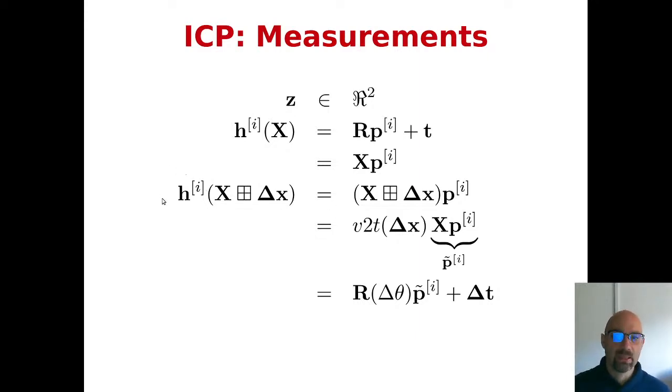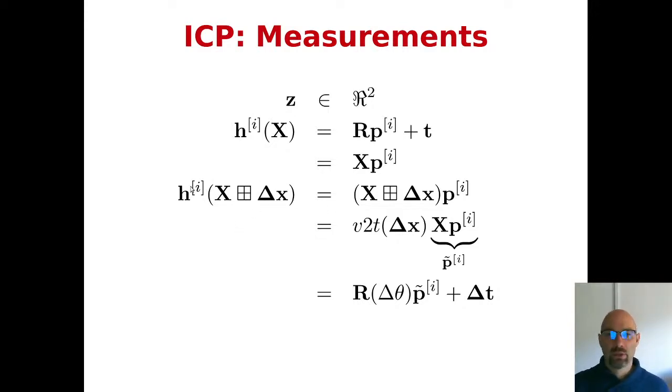I recall that we have to express the prediction function by adding the perturbation, because in the next slide we derive with respect to the perturbation, having evaluated it at delta x equal to 0 and having locked the capital X to the current optimum.